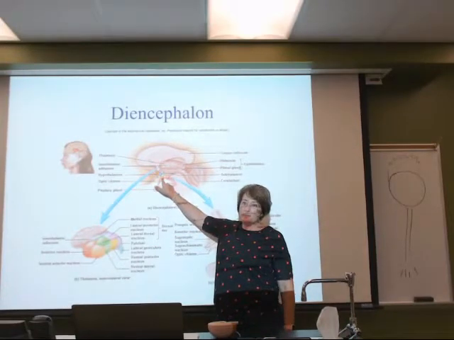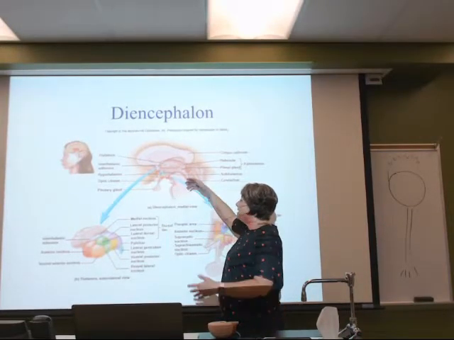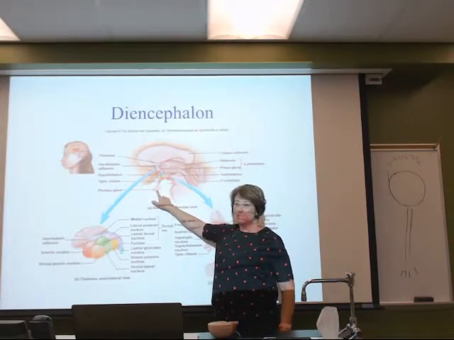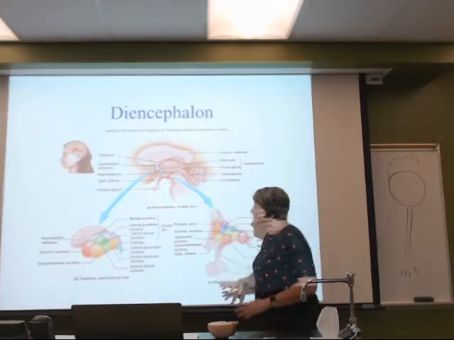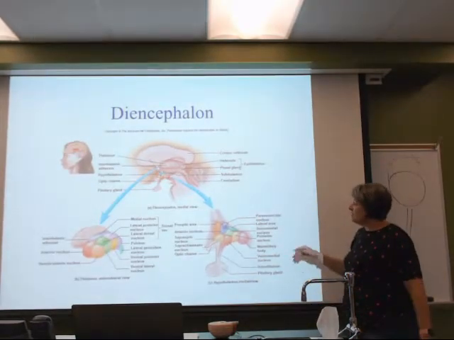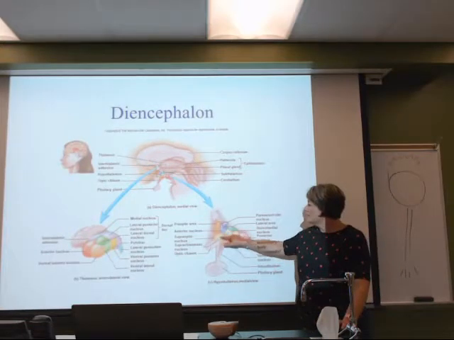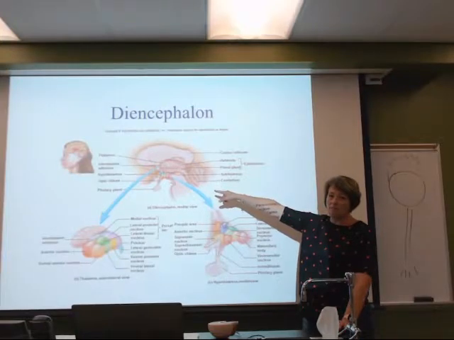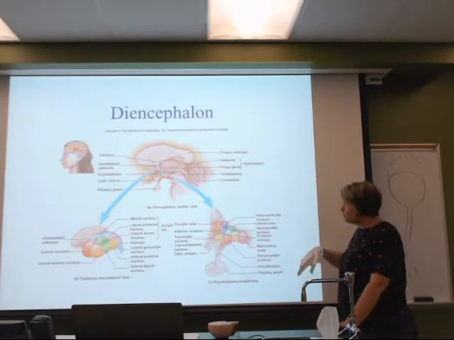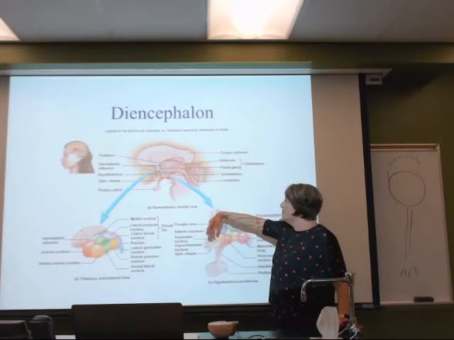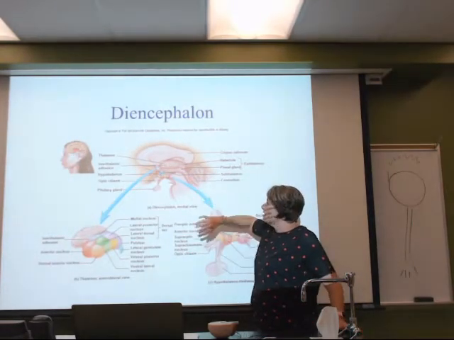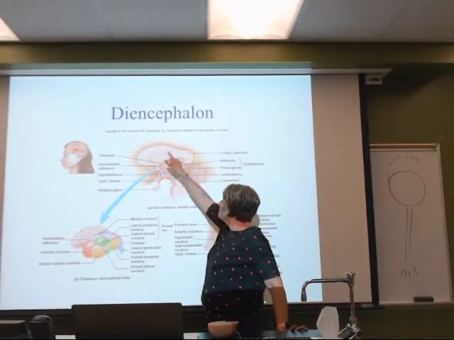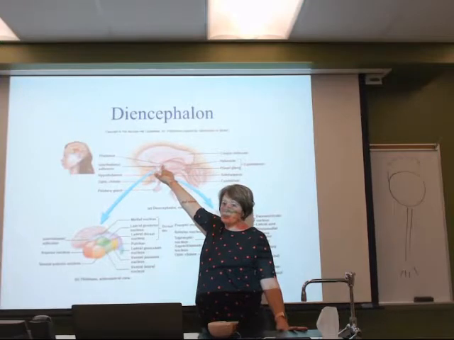The hypothalamus, and then if we look at that, we have a connection to my pituitary gland. We're also seeing all of these other connections, and they're trying to show you all these different areas located within that diencephalon. So if we think about the subthalamus, the epithalamus, the thalamus here, everything else lets you know the relationship to it.